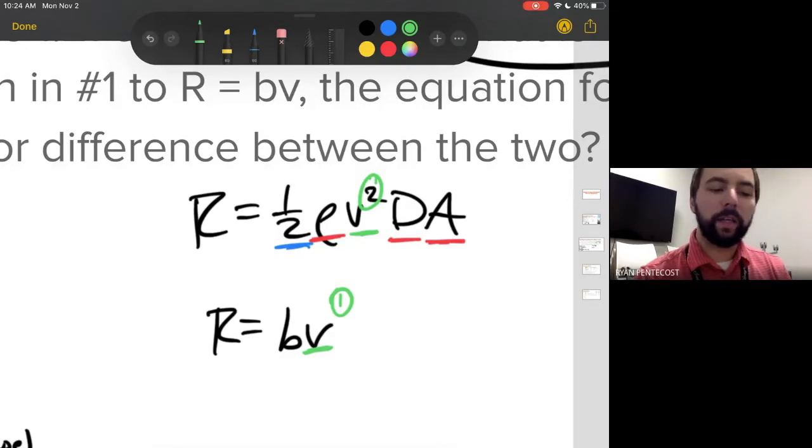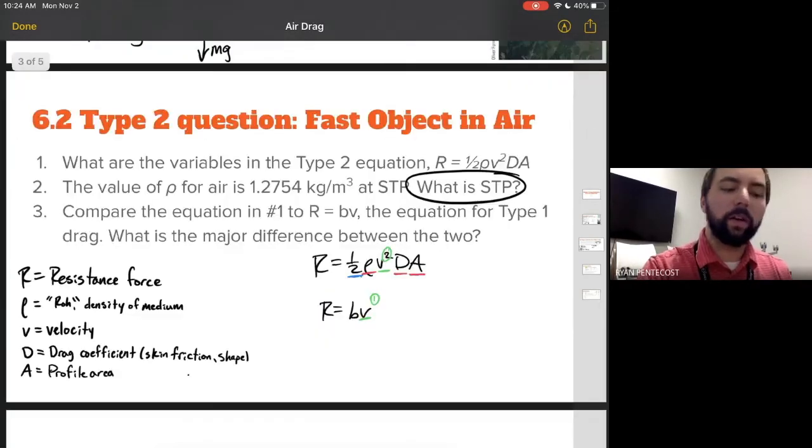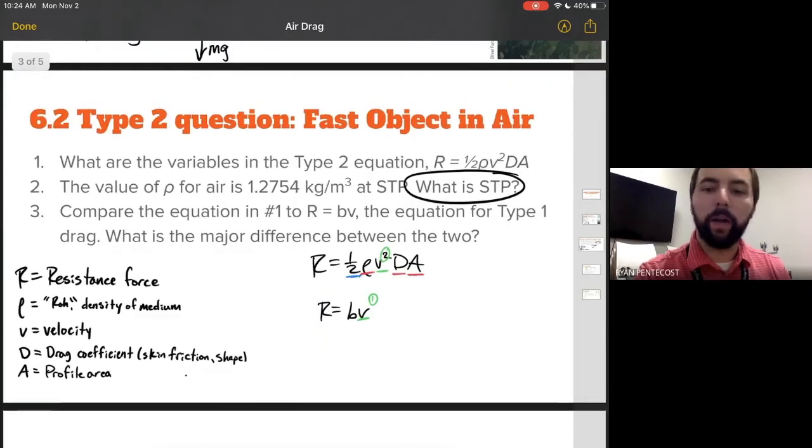So the velocity actually plays a major role in air drag, but it doesn't play as heavy a role in viscous fluid. So that is a really important relationship to make between these two differences of type 1 and type 2 drag. And you could say that that is really the defining difference between the two, is that in air, velocity has a much bigger role than the other variables.